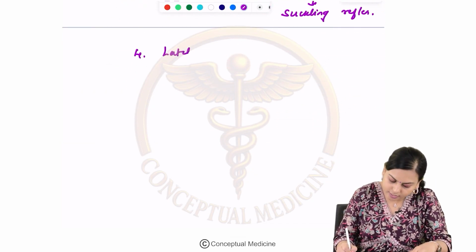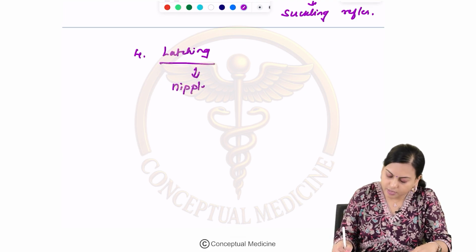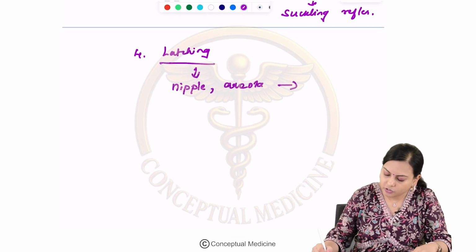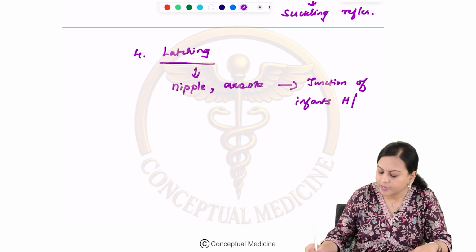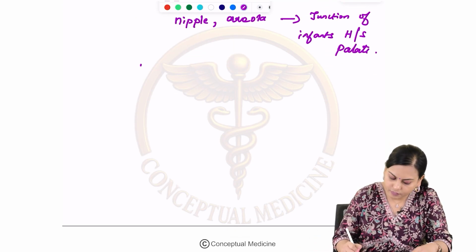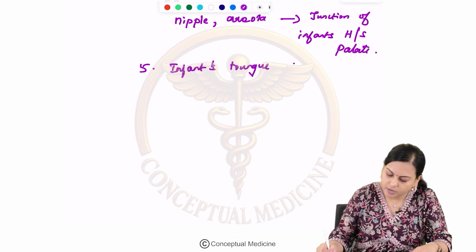Now, how can we know whether the latching is correct or not? See, when the latching is correct, the nipple as well as the areola will be taken up to the junction of infant's hard and soft palate. Clear? So, now what happens? Infant's tongue is going to compress the areola.